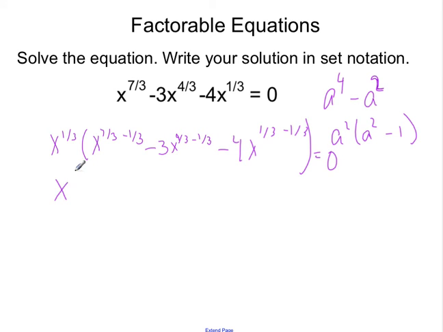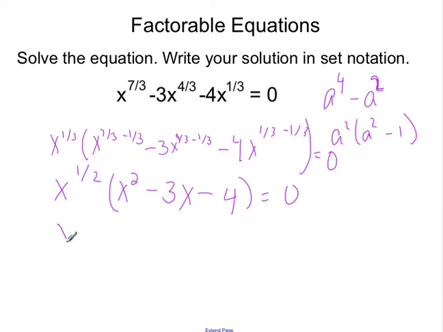So when I do that, what happens is it works out nicely. 7/3 minus 1/3 is 6/3, or x squared, minus 3. 4/3 minus 1/3 is 3/3, or just x. Oops, I wrote a 6 and I didn't mean to. This should have been squared. 7/3 minus 1/3 is 6/3, or 2, minus 3x minus 4 equals 0.